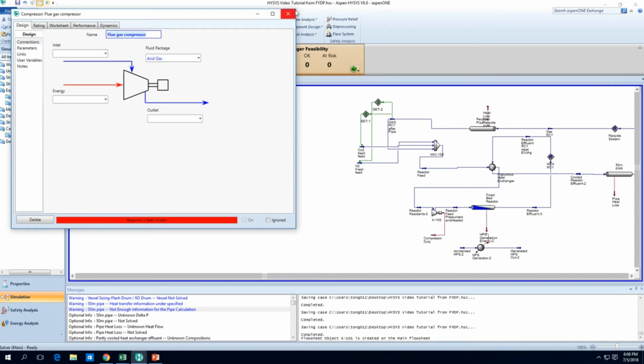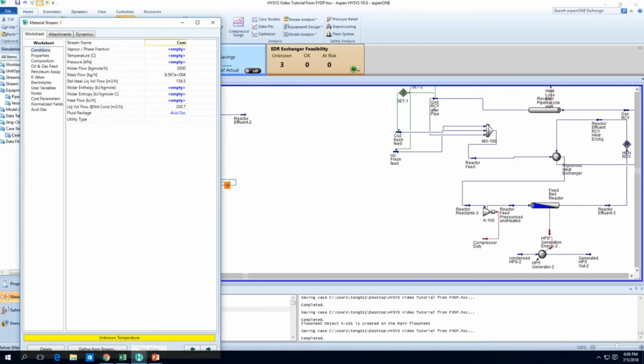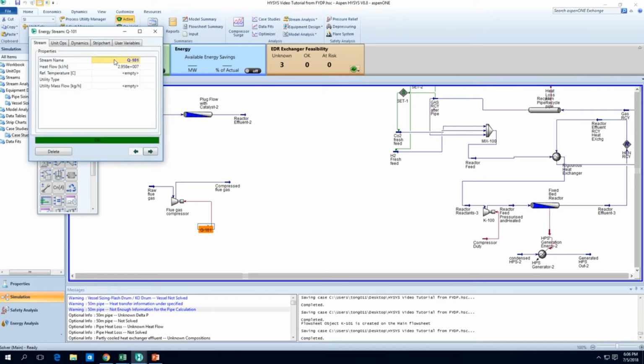We don't have a choice. It's all flue gas, so we'll need to invest in this compressor. I'll have one stream saying compressed flue gas. I'll put it at about 500 kilopascals, because there'll be lots of heat exchangers later on. Then we'll have a flue gas compressor duty.